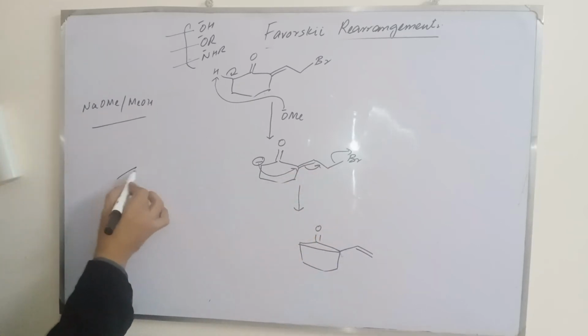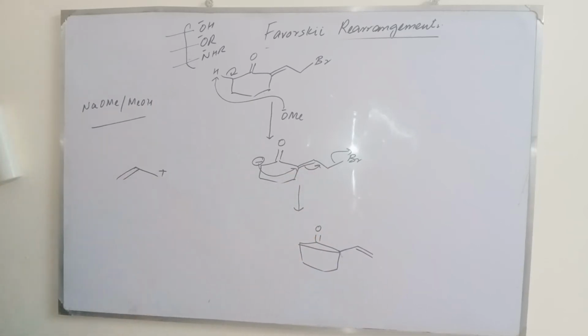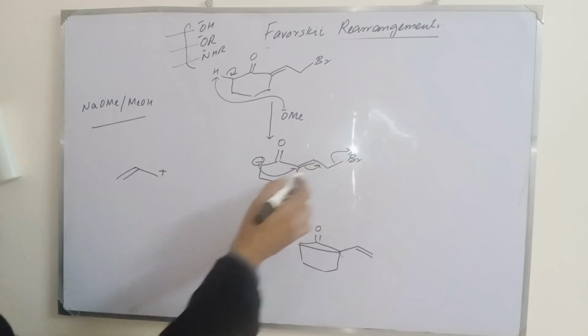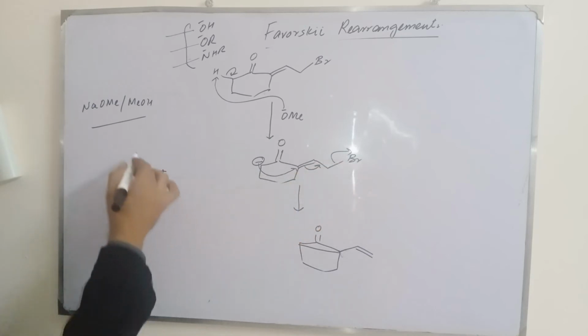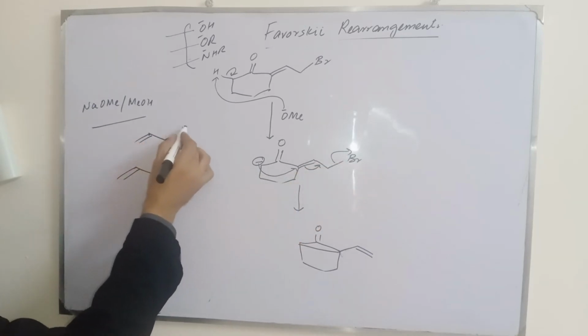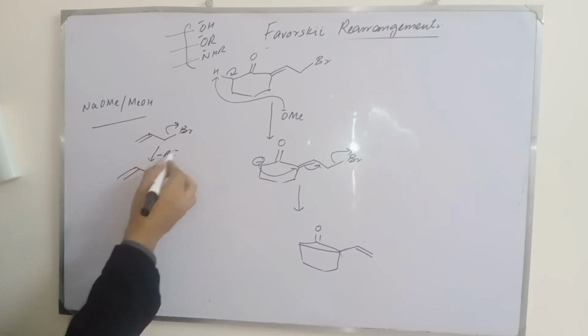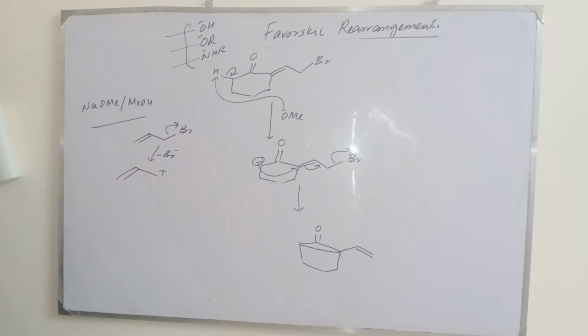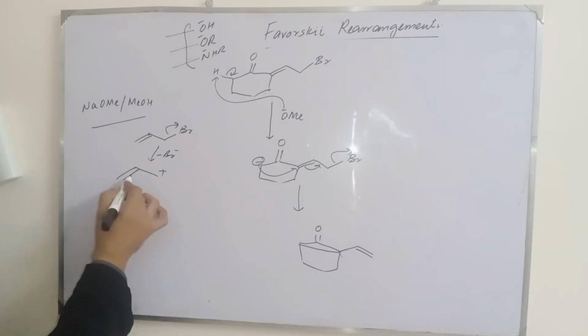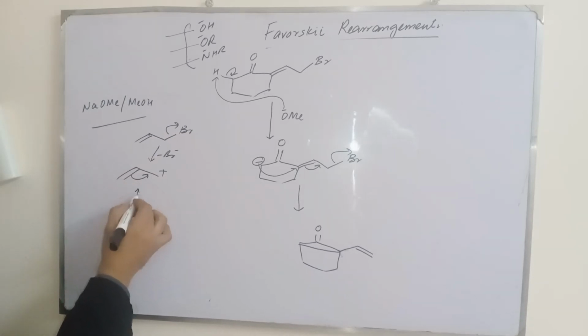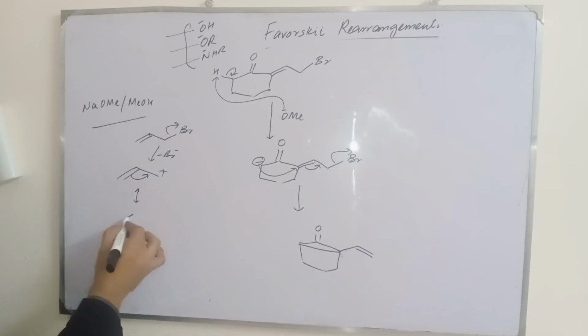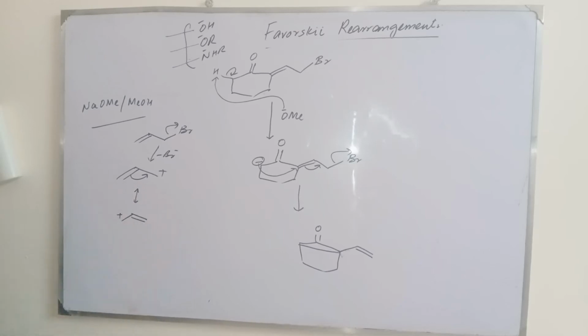Because we can see when we have this system, because it is a good leaving group, when Br leaves, we would get this allyl carbocation, and this can have the resonance contributing structure like this one.